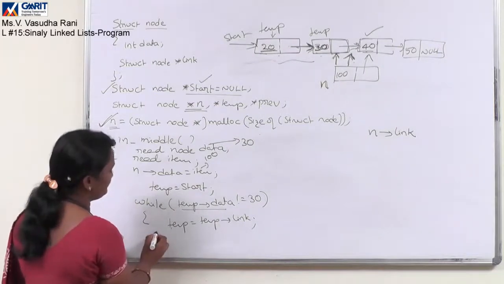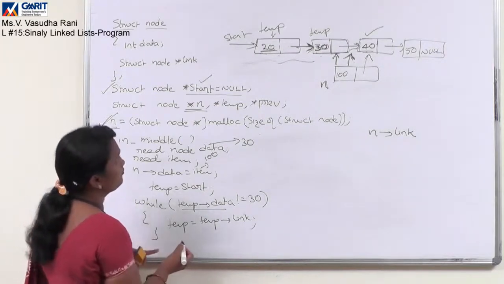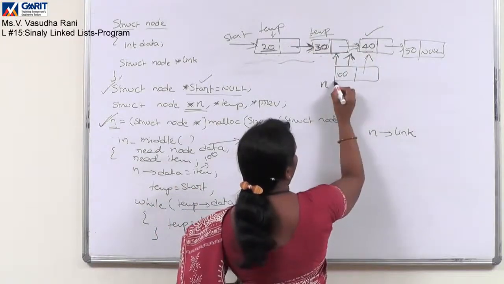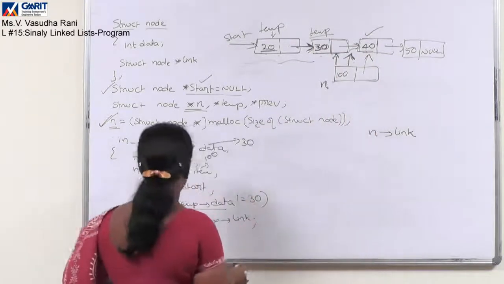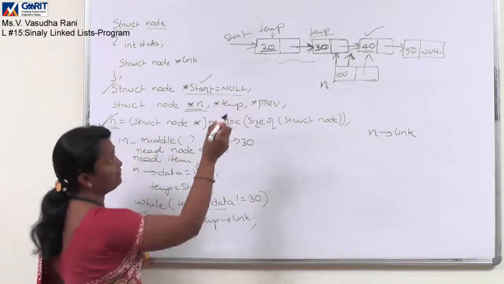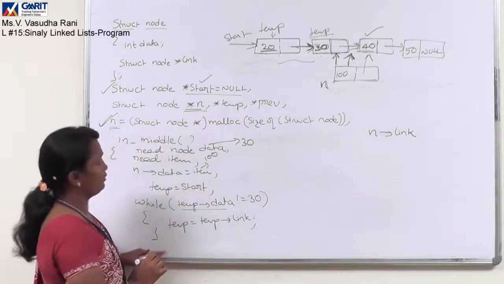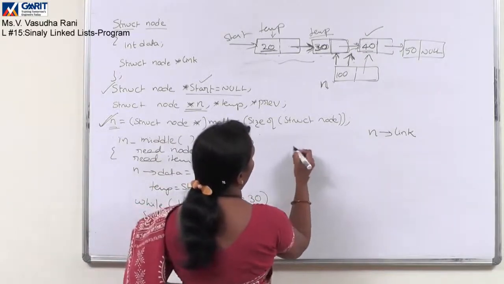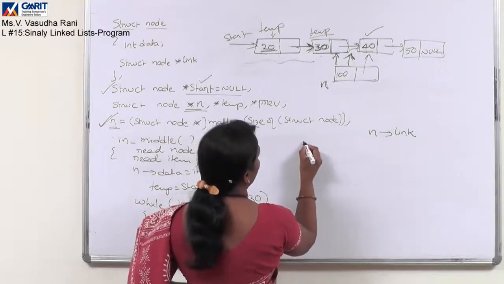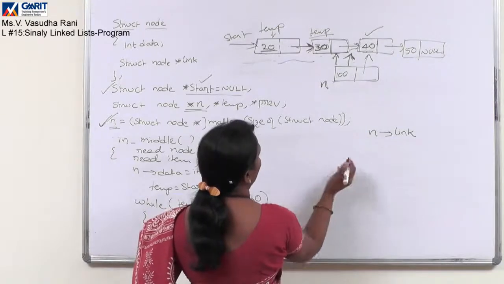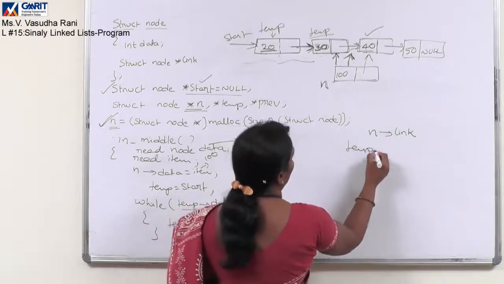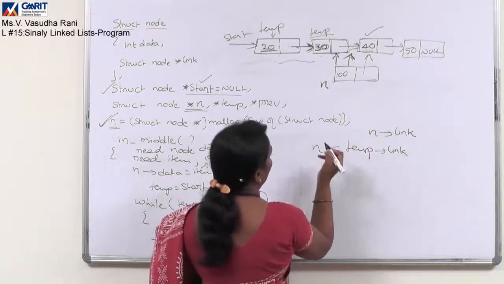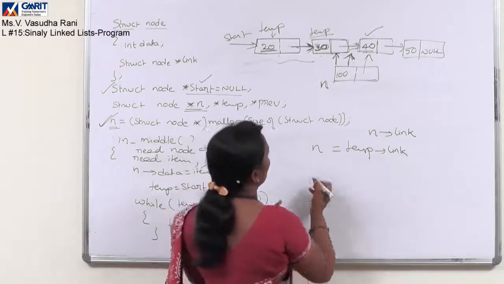So with this, we got this node named as temp and this is our new node. Now we could identify after which node we are going to insert it. So it is temp's link. Temp's link we have to put in n node.